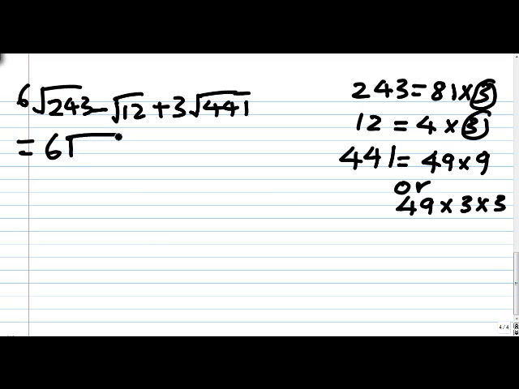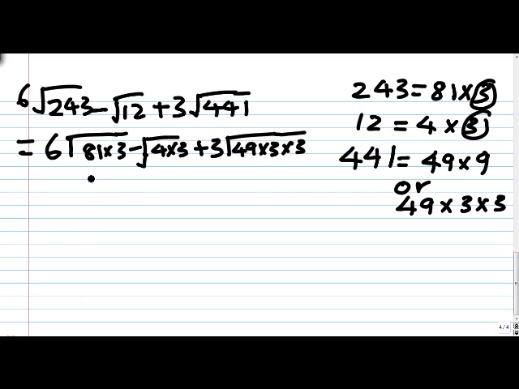So 6 square root 81 times 3 minus square root 4 times 3. Let me try to be neat about this. Plus 3 square root 49 times 3 times 3. It's a lot easier to simplify right now. You can write this as 6 square root 81 square root 3 minus square root 4 square root 3, which means square root 4 times square root 3.